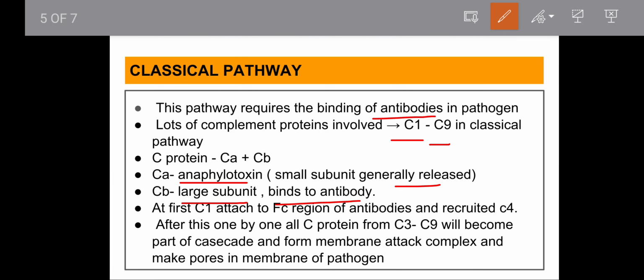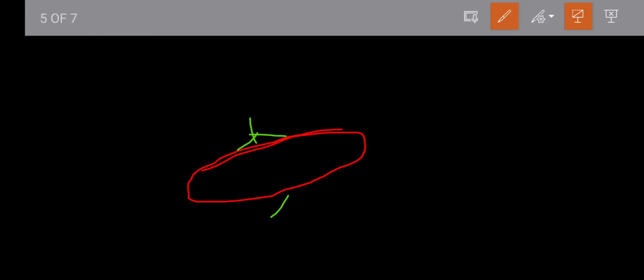At first, C1, complement protein 1, will come and bind to the Fc region of antibodies and recruit C4. Let's see this. So it is a pathogen. Now some antibodies will attack this pathogen, and the first complement protein, the C1 protein, comes in place and binds to the Fc region of antibodies.